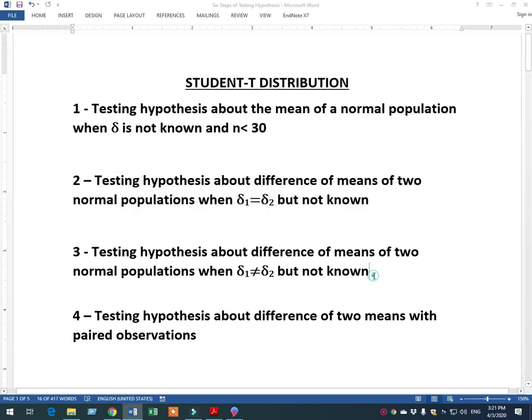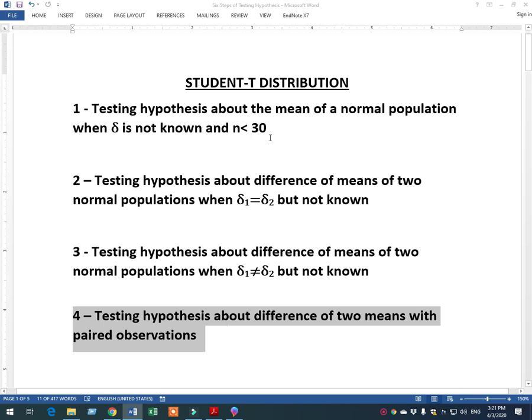And the third case would be the same difference of the two means of two normal distributions, but now the population variances are not the same. And the last test would be testing hypothesis about the difference of two means with paired observations. Paired observation is a special case, and I'll explain it when the time comes.